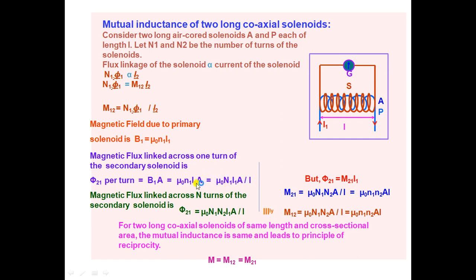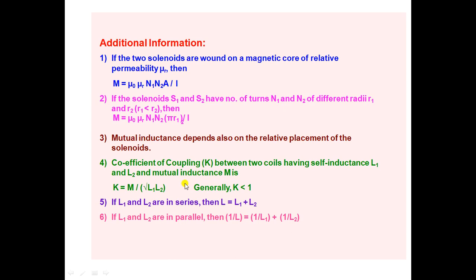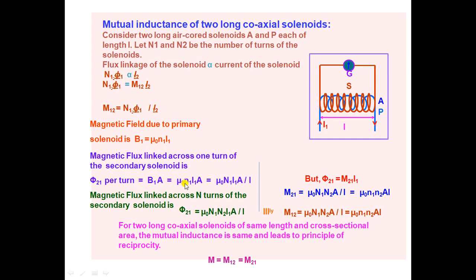If we take n1, suppose n1 is the number of turns per unit length, and capital N1 is the total number of turns of the first solenoid.